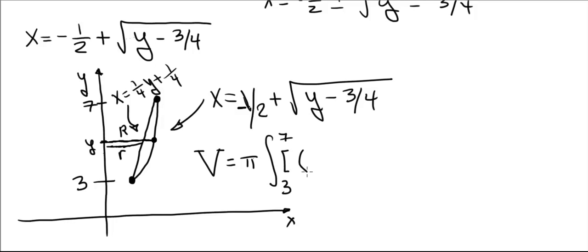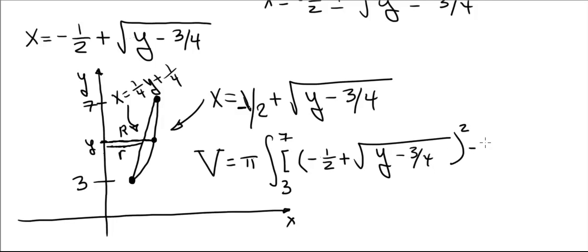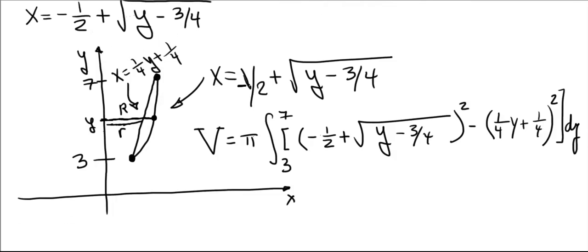And then the big radius, that's 1/2 plus the square root of y minus 3 over 4, squared. That's big R squared, minus 1/4 y plus 1/4 squared. That's small r, dy. That's the integral that will solve this problem and give us the volume of our solid.